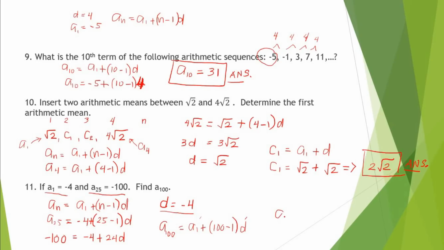So the 100th term is equal to negative 4 plus 100 minus 1 times the D, which is negative 4. And our 100th term is equal to negative 400.